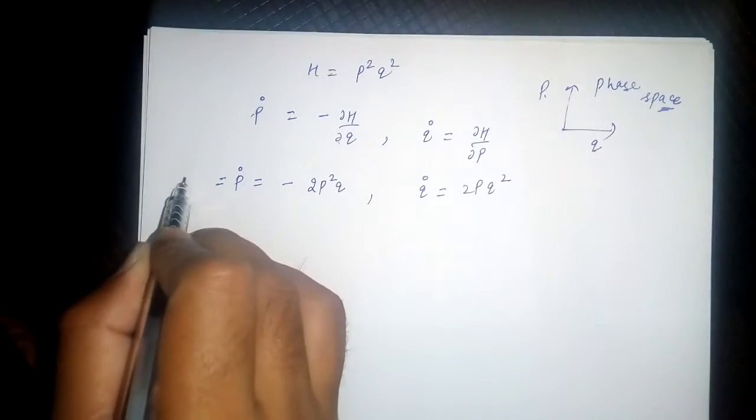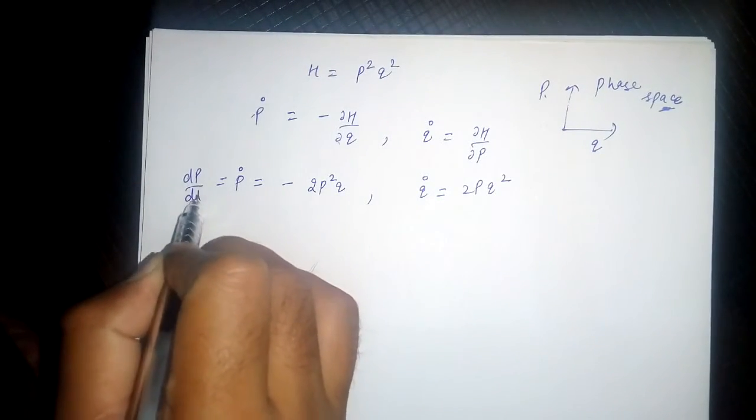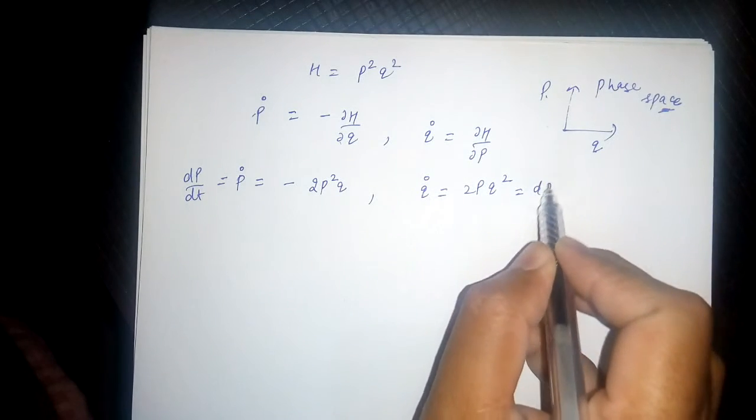What is P dot? It means dP by dt, and here Q dot is dQ upon dt.